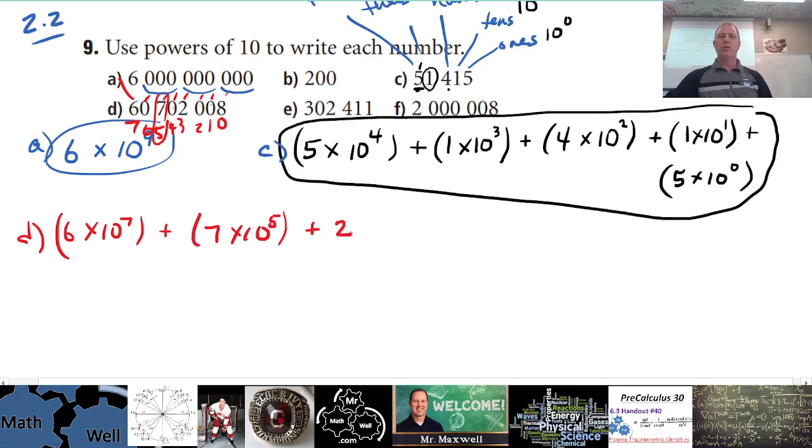So we're going to add 2 times. Now this is 10 to the power of 3, isn't it? Because it's 1,000. So 2 times 10 to the 3. Skip the other 2 zeros, plus 8 times 10 to the 0.